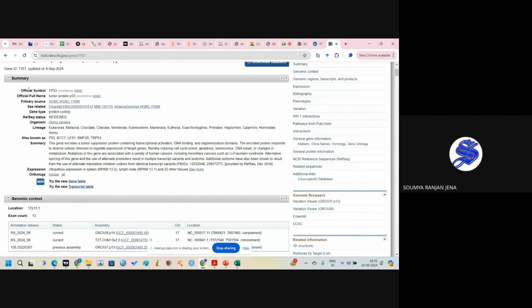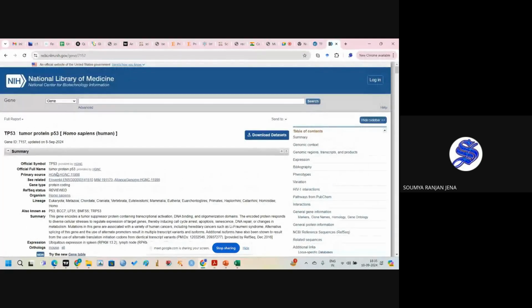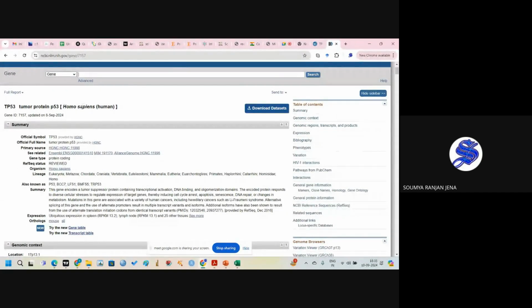You can find here the summary of this TP53 gene, that is the Homo sapiens TP53 gene, and it codes a protein, that is tumor protein P53. That is a 53 kilodalton molecular weight protein, and this gene encodes a tumor suppressor protein containing transcriptional activation and DNA binding domains, because it binds to DNA to check whether DNA is damaged or not.